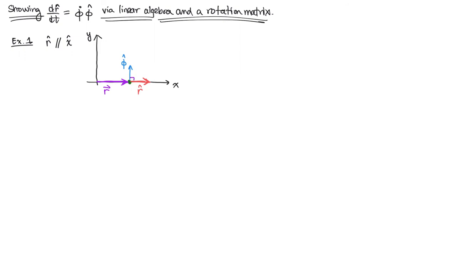Okay. So at this instant of time, the r hat vector has Cartesian coordinates 1, 0. It points strictly in the x direction, and it has a length of 1. And the phi hat vector is 0, 1. It has a length of 1, and it points purely in the y direction.